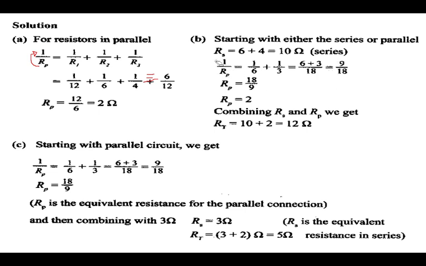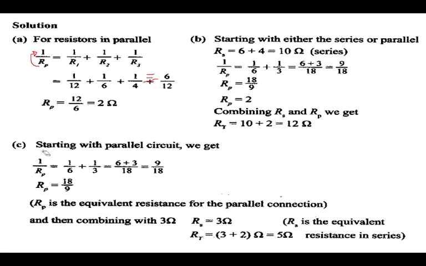Get the denominator up and the numerator down. So you have 2 here. This 2 is obtained by adding the resistors that are in parallel. Then at the very end, you add the 2, the one for series and that of parallel, and it will give you the total resistance.